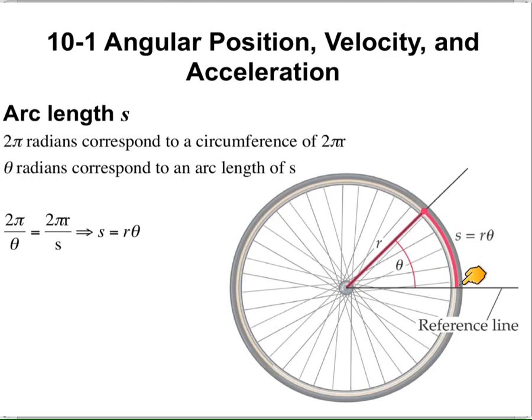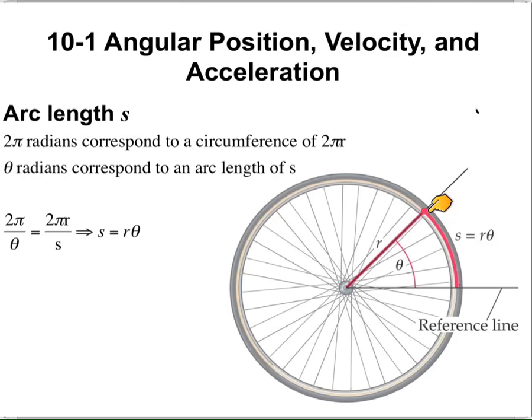What about its linear distance, the distance that the point takes going from here to here? It is the length of this arc. What is the length of this arc?